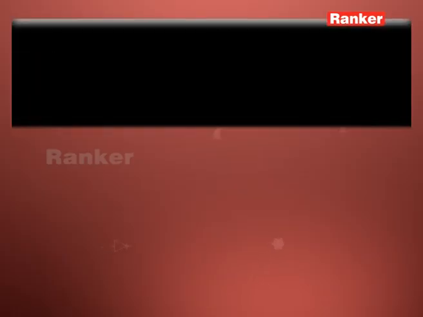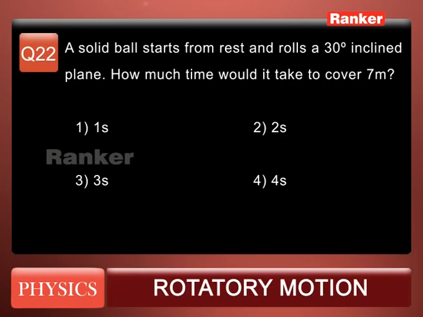Question number 22. The question is given as: a solid ball starts from rest and rolls down a 30-degree inclined plane. How much time would it take to cover 7 meter? Option number 1 is 1 second, option number 2, 2 second, option number 3, 3 second, and option number 4, 4 second.